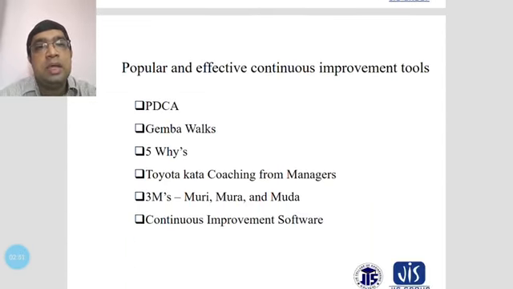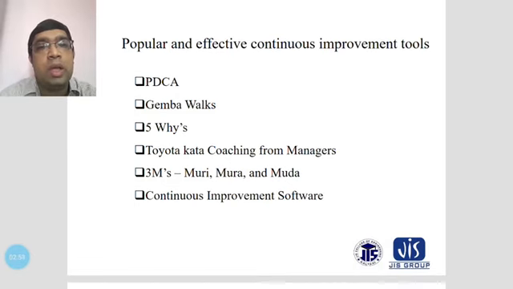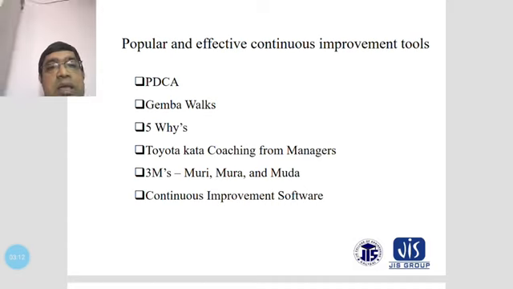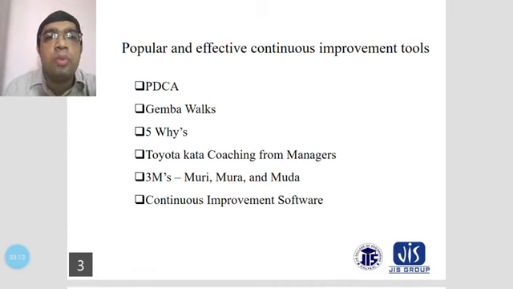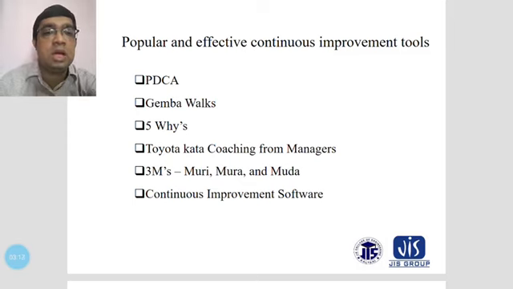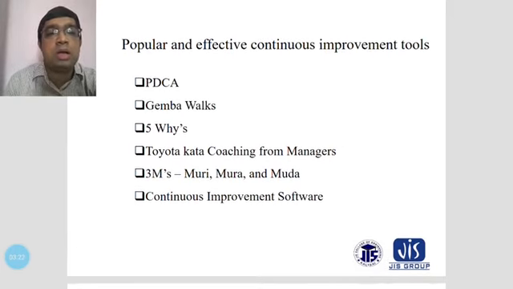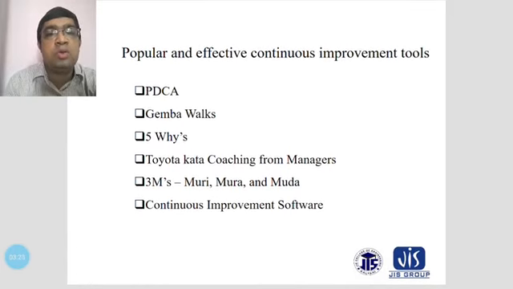The six popular tools are: PDCA, Gemba Walks, 5S, Toyota Kata coaching from managers, the 3Ms, that is Muri, Mura, and Muda, and continuous improvement software. These six tools are very popular, and they are used for continuous improvement for total quality management.